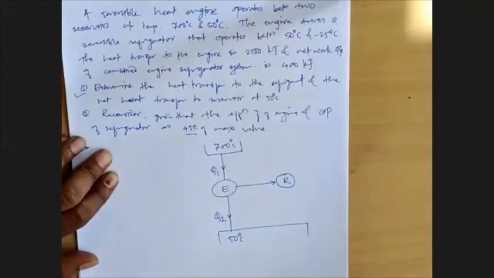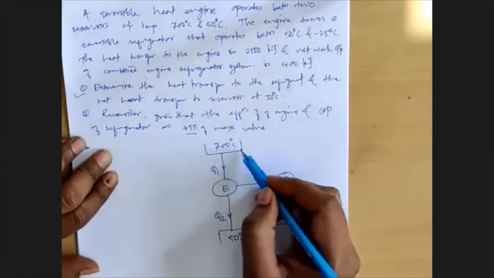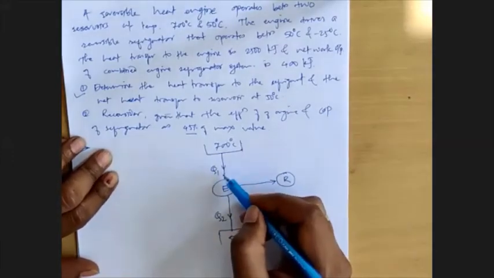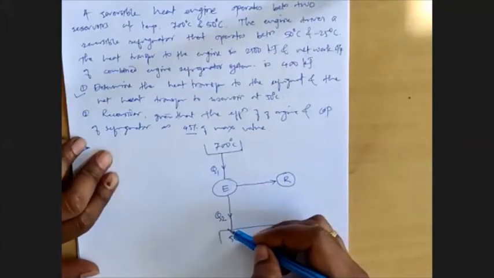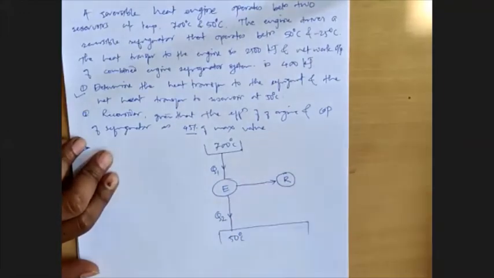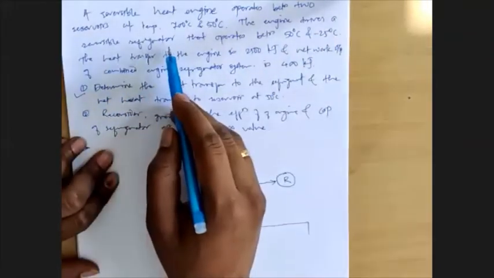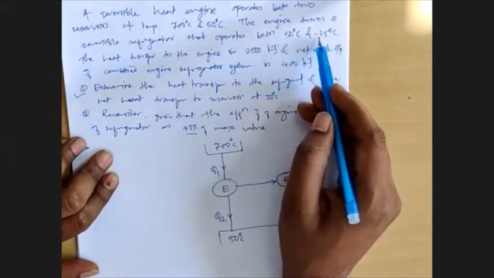So there is a heat engine operating between a 700 degrees Celsius source and a 50 degrees Celsius sink. It is accepting heat Q1, producing some work output and rejecting some heat Q2 to the low temperature sink. Now, the engine drives a reversible refrigerator that operates between 50 degrees Celsius and minus 25 degrees Celsius.